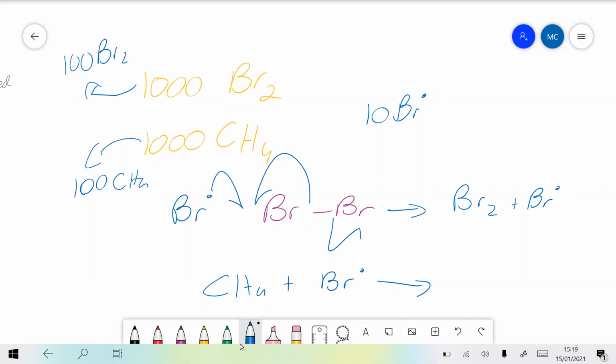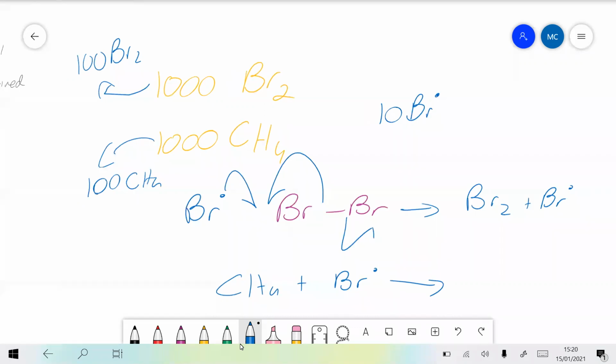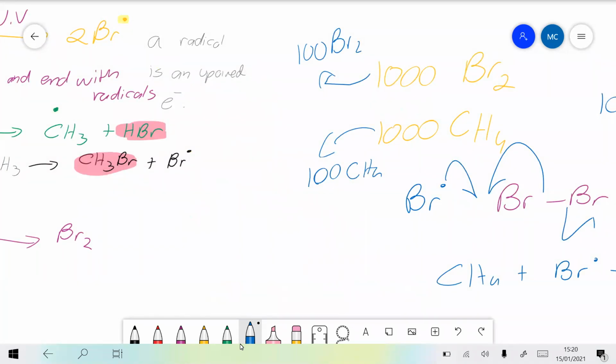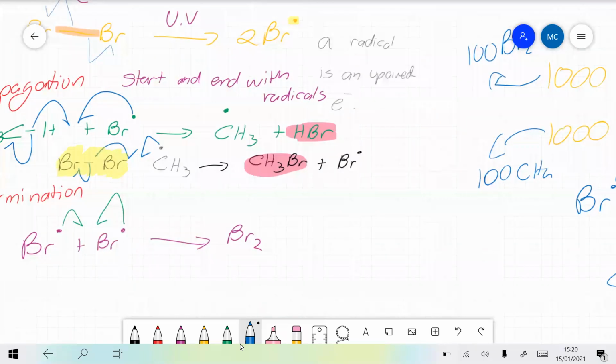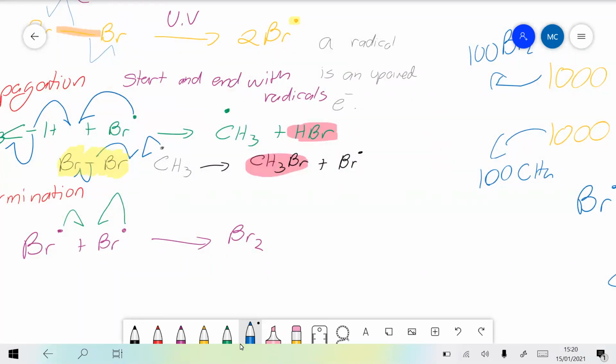Propagation is the longest step in this reaction. By longest step, I don't mean it takes a long time for one bromine radical to react with a CH4. But if you were to consider the time frame of the reaction, initiation is a few milliseconds in the beginning. Propagation can take up to a few minutes. Termination could be a few seconds at the end. And once you hit termination, you cannot reverse the reaction. You have to start it once more.